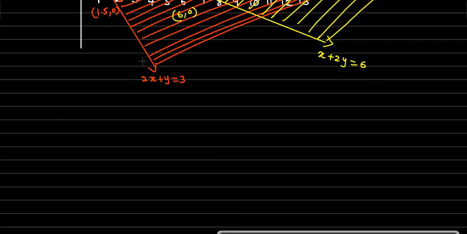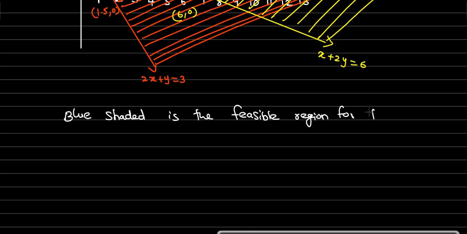Okay, so a feasible region exists for the given inequalities. The double shaded or blue shaded portion, here I'm using color, so I'll mention it that way, otherwise double shaded or triple shaded portion. The blue shaded region is the feasible region for the given inequalities.